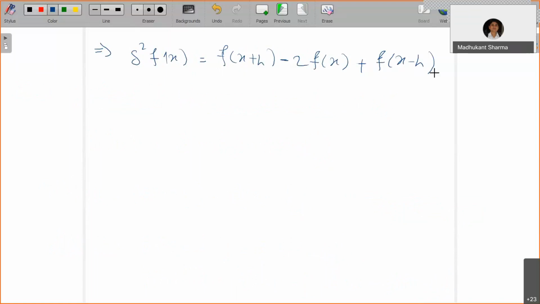So the second order central difference operator uses all the points x, x minus h and x plus h, which means they are symmetrically seated.